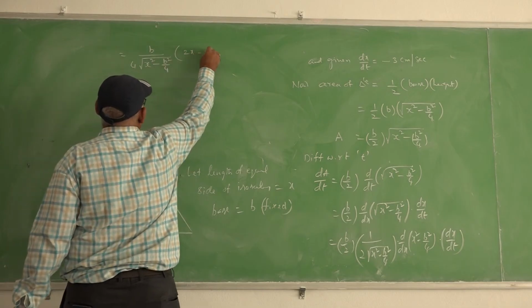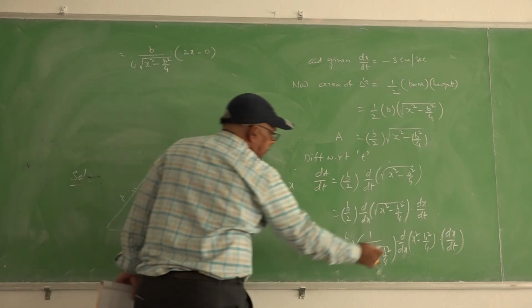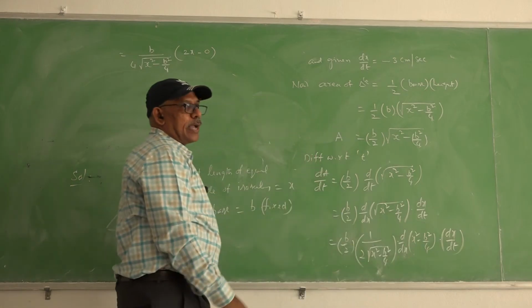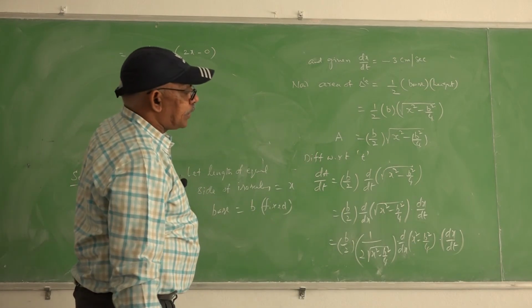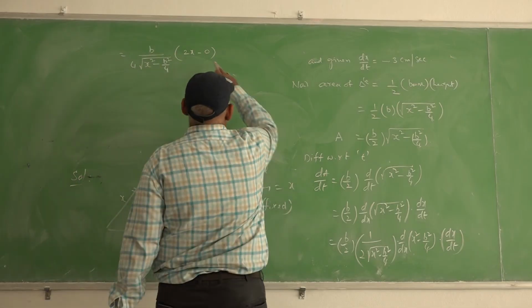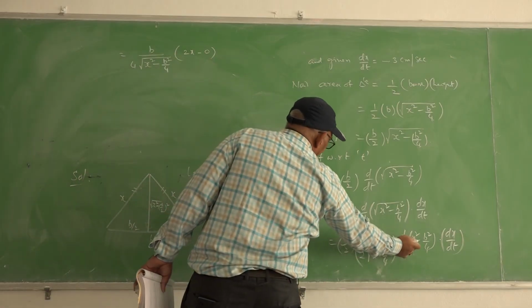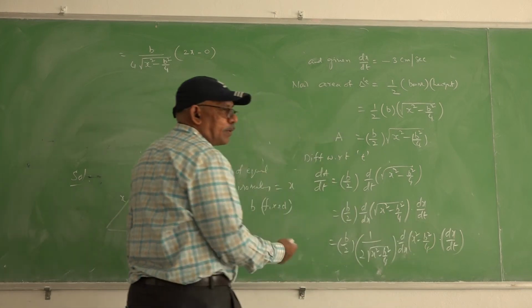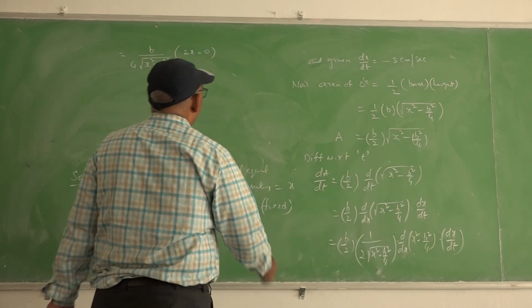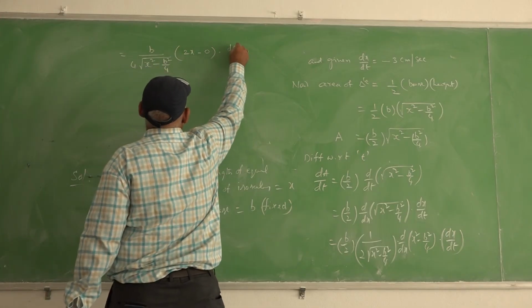Derivative of x square is 2x, and derivative of b square by 4, since b square by 4 is constant, is 0, into dx by dt follows.